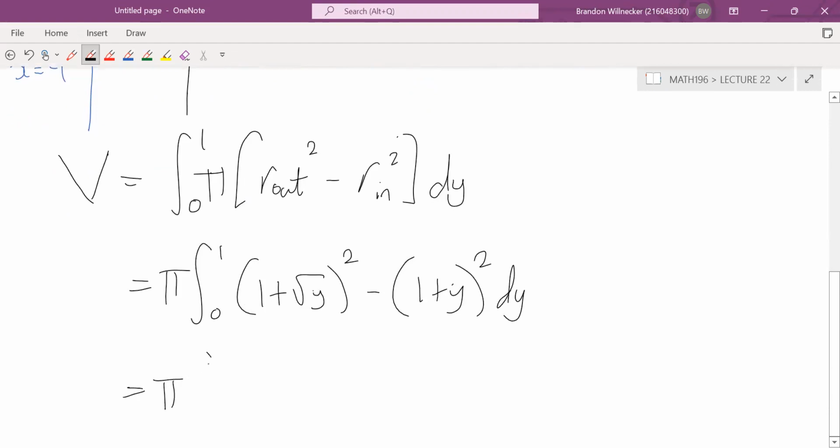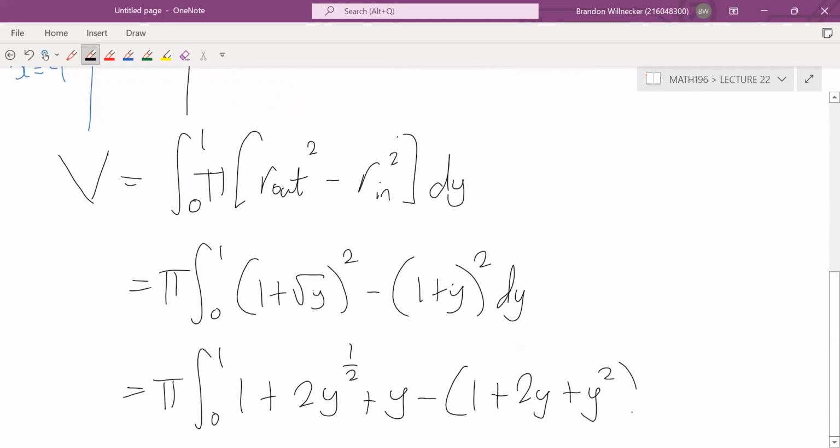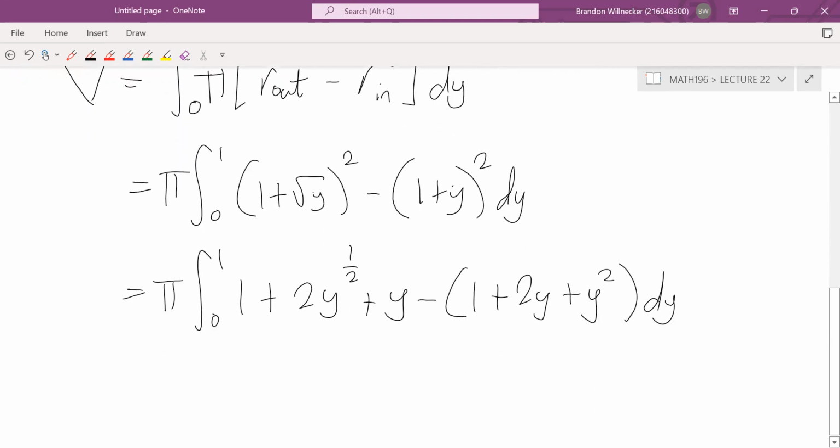So this will be pi integral from 0 to 1. We're going to have 1 plus 2 root y, but we could just write that as y to the half, plus y. Okay, that's the first part. Now for the second part, it's going to be minus 1 plus 2y plus y squared dy.